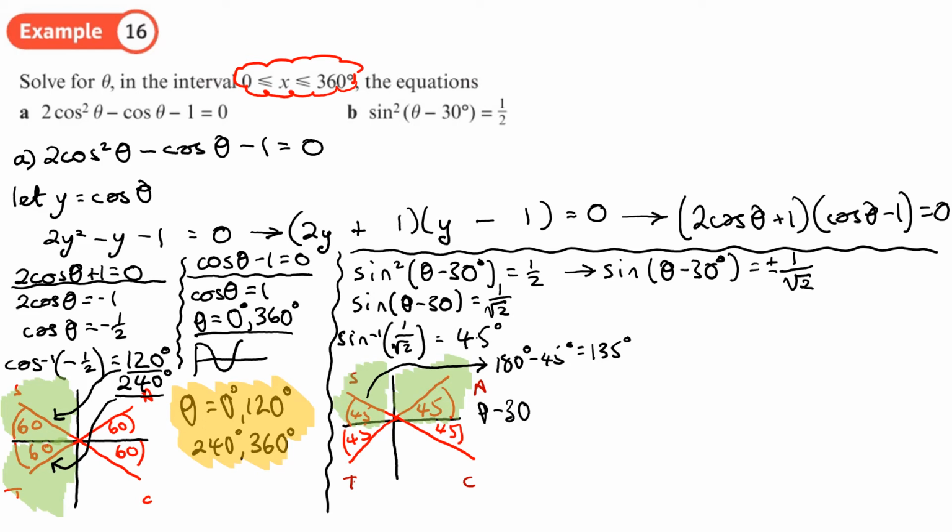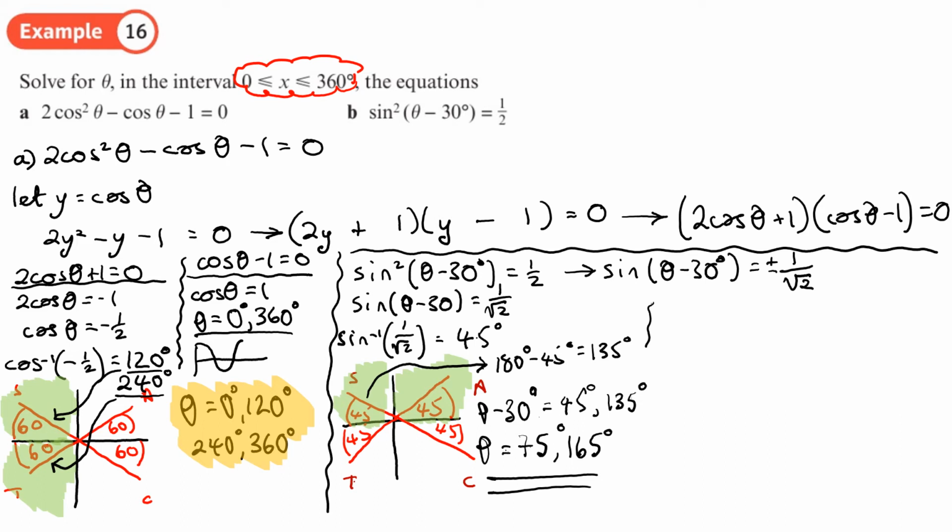So theta minus 30 can be either 45 degrees or 135 degrees. So if we now add 30 to those, we will get 75 degrees, and if we add 30 to 135, we get 165. Okay, so we've got those so far.